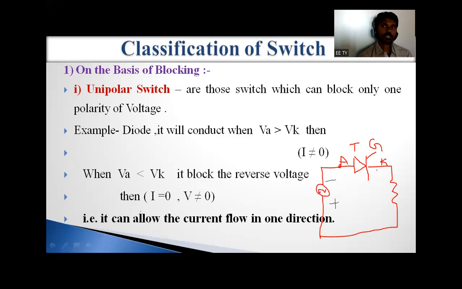Clear? Because the cathode is made positive, obviously there is no chance to turn on the device. So this thyristor device has the capability to block the voltage in both directions, in both polarities. Okay, so that's why this thyristor can be called a bipolar device.